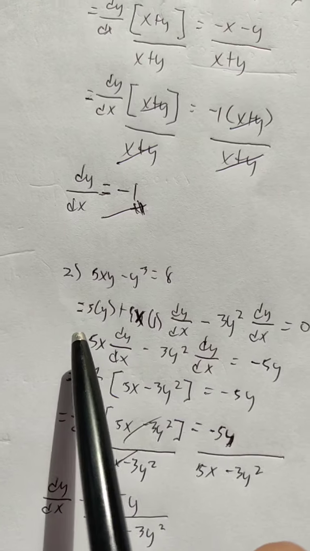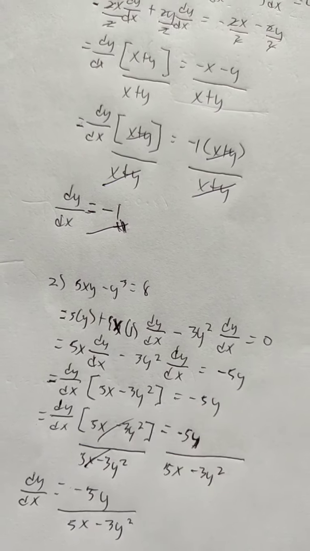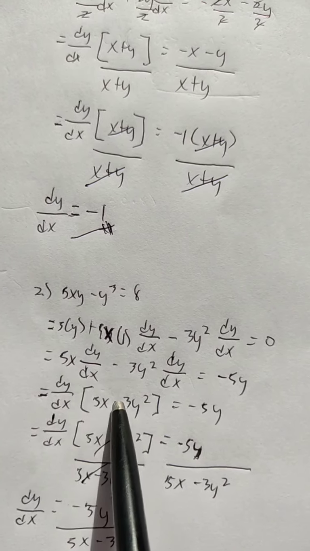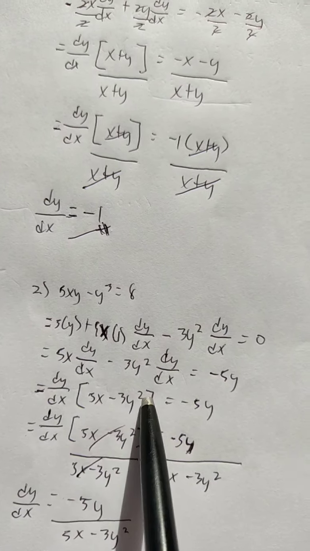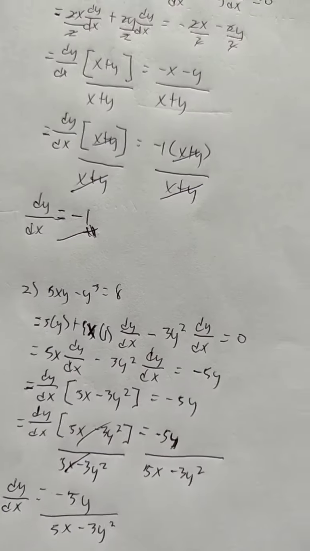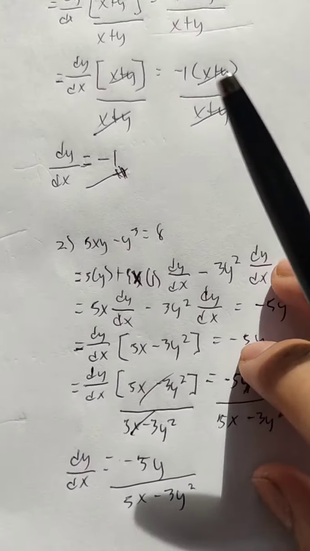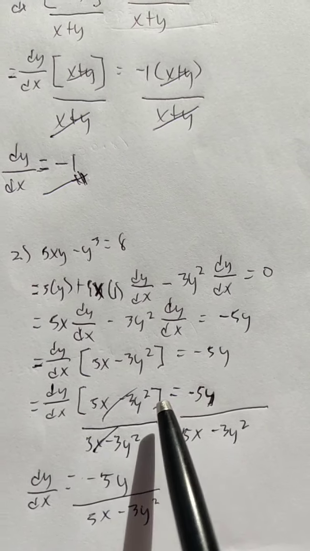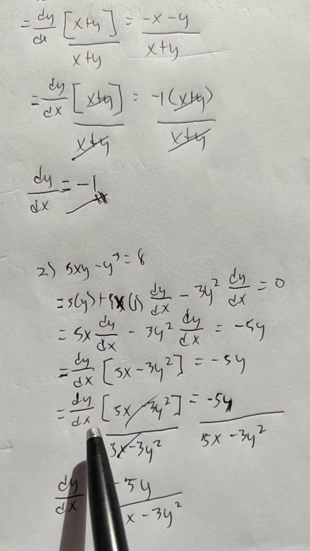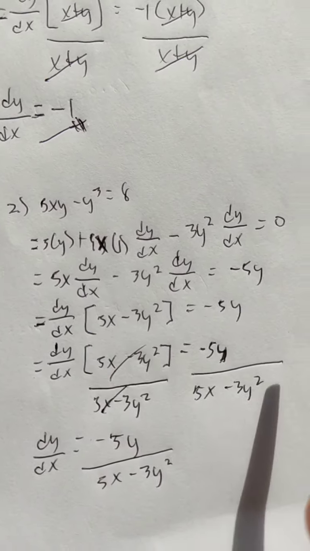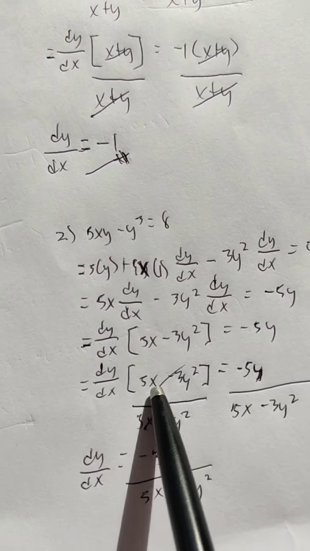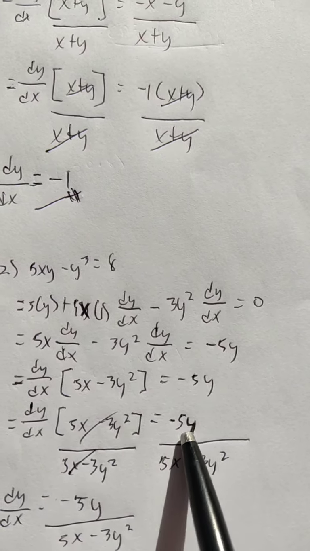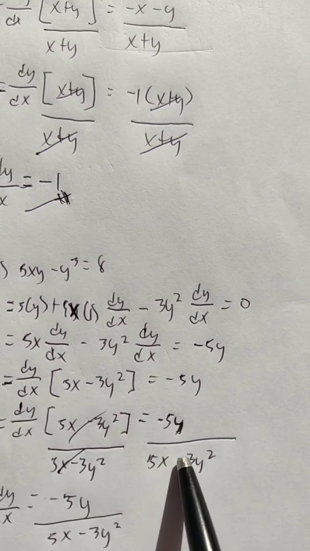So dy over dx times 5x minus 3y squared equals negative 5y. For us to get rid of the dy over dx coefficient, we need to divide both sides by 5x minus 3y squared. So we cancel it out here, and all that remains for dy over dx would be negative 5y all over 5x minus 3y squared.